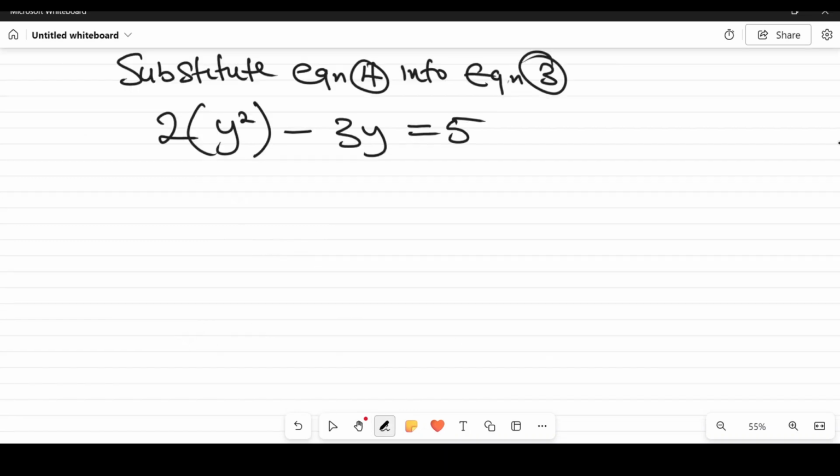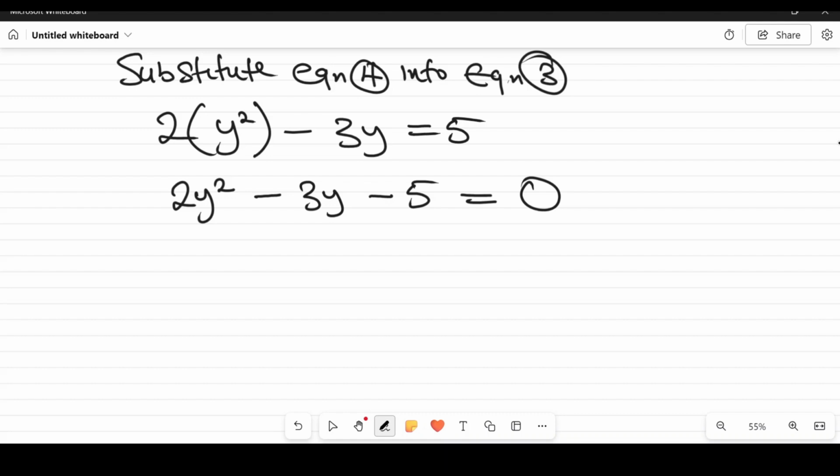This expression becomes 2y squared minus 3y minus 5 equal to 0. Now we have a quadratic equation. We have to look for two values which, when we add them, give negative 3, and when we multiply them, give negative 10.